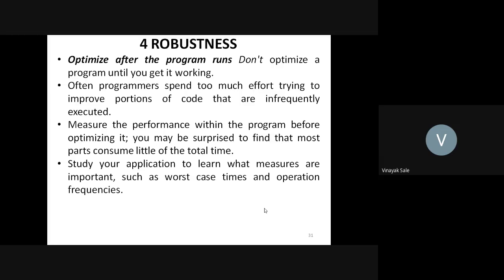Measure the performance within the program before optimizing it. You may be surprised to find that most parts consume little of the total time. Study your application to learn what measures are important, such as worst case times and operation frequencies.